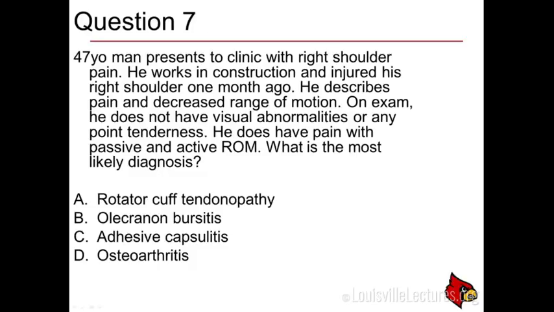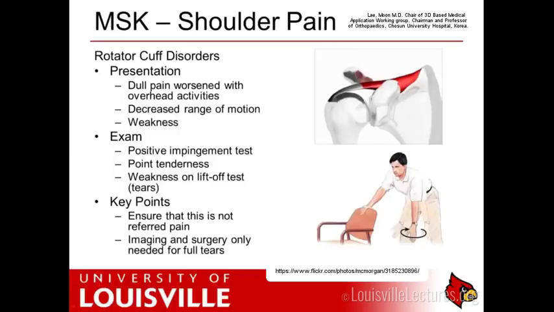So the buzzwords for this guy: he had a previous injury to that arm, and he's got pain with passive and active movement, and definitely complaining of decreased range of motion. That was what I was getting at with this. But these can be quite tricky.